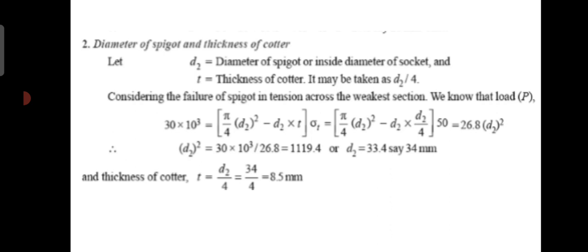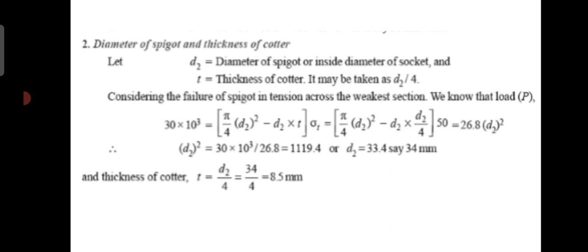Considering the failure of spigot in tension across the weakest section, we know that the load P equal to pi by 4 into d2 square minus d2 into t into sigma t.